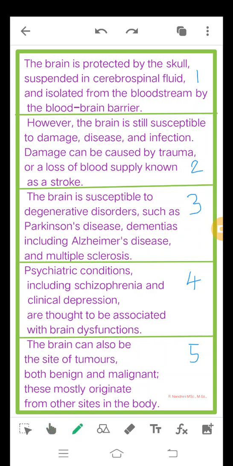Three main disorders are Parkinson's disease, Alzheimer's disease, and multiple sclerosis. Then fourth point, psychiatric condition.